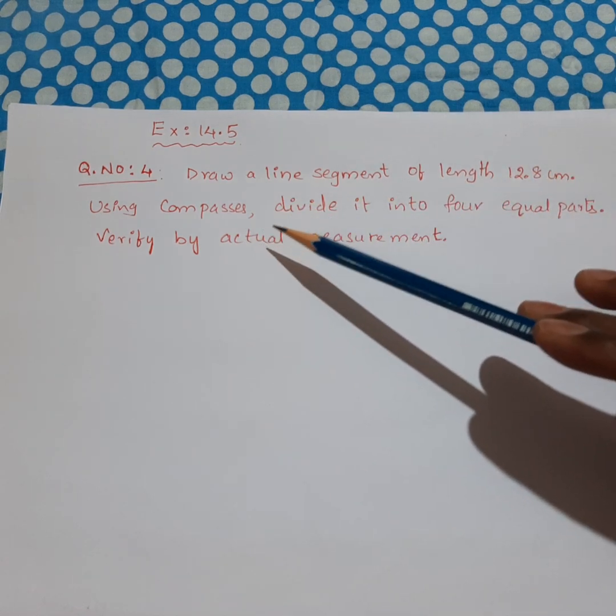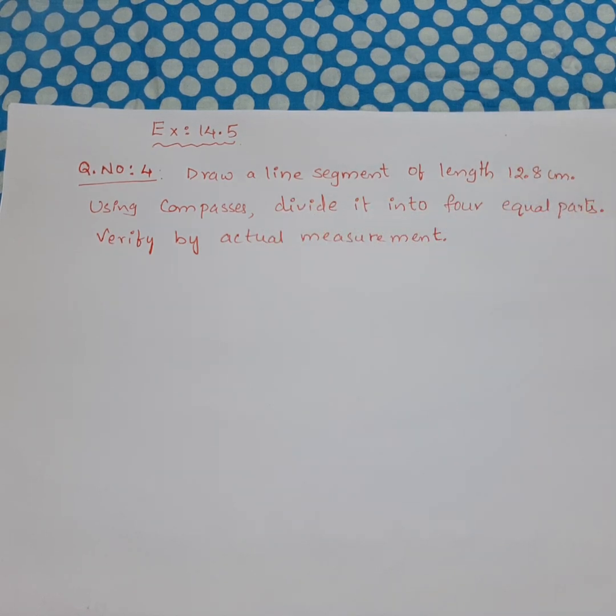Verify by actual measurement. So what is meant by 4 equal parts? To divide a line segment into 4 equal parts, we need to draw 3 perpendicular bisectors of the given line segment. That is nothing but 3 points dividing the line segment into 4 equal parts.